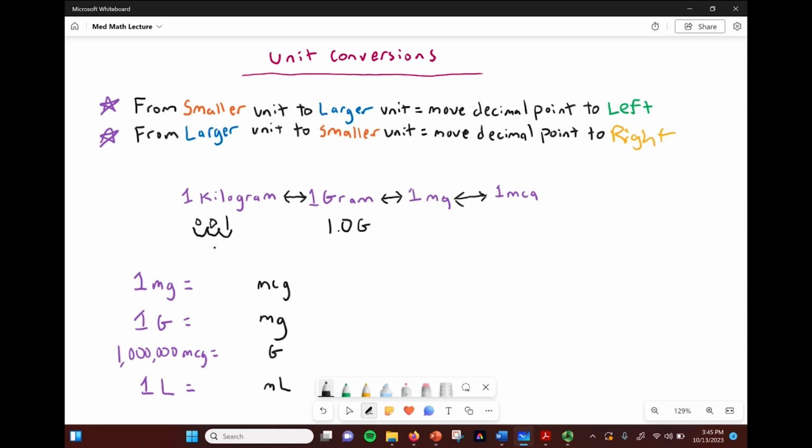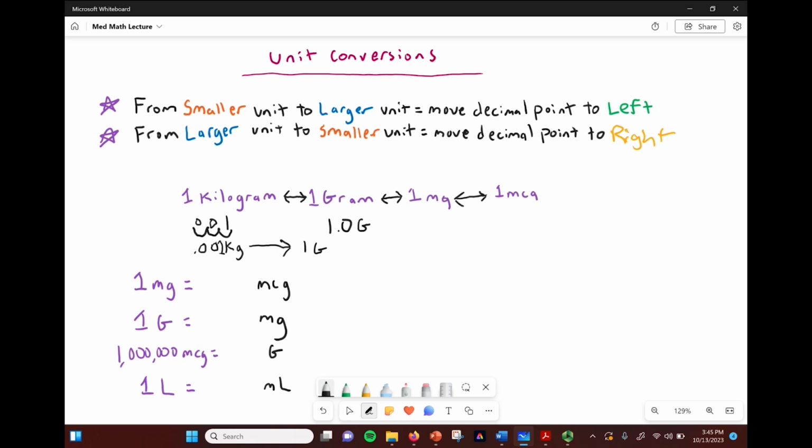And what you're going to find is 0.001 kilograms equals 1 gram. 0.001 kilograms. I moved the decimal point over 3 places from gram to kilogram.